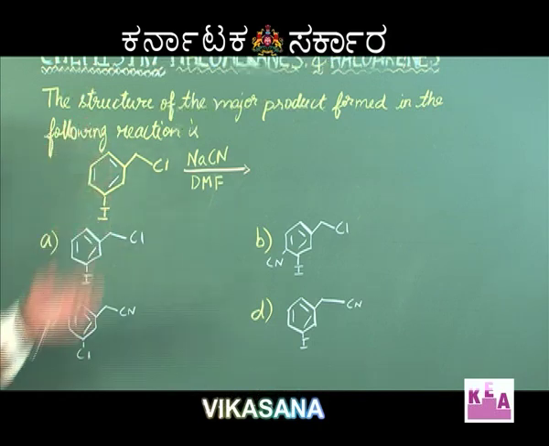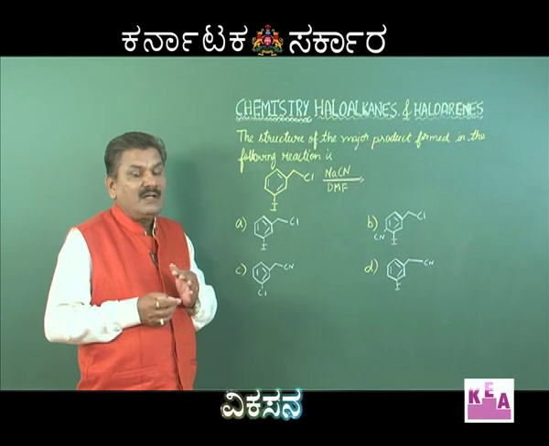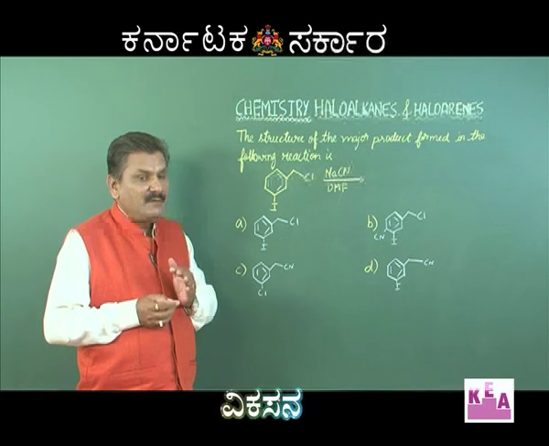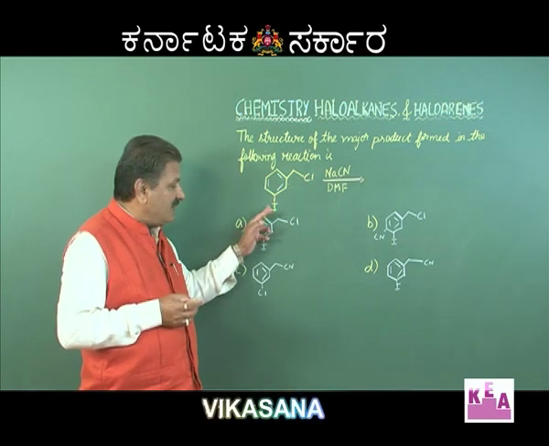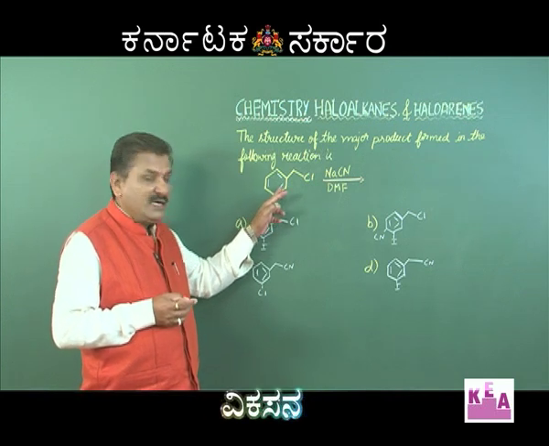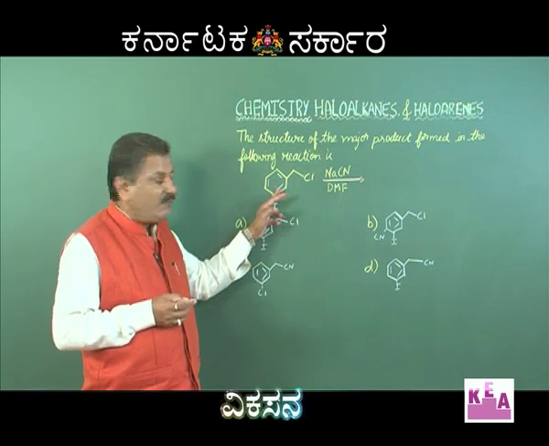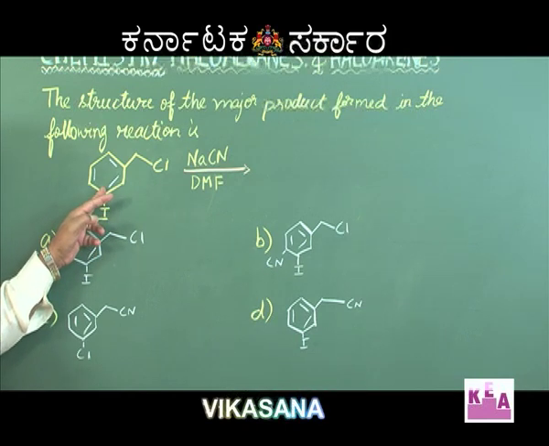Just now in the synopsis we had seen that haloarenes are less reactive than haloalkanes or alkyl halides, because in haloarenes, the halogen atom is attached to sp2 hybridized carbon or double bonded carbon. So, therefore, the halogen atom attached to the sp2 hybridized carbon is less reactive.